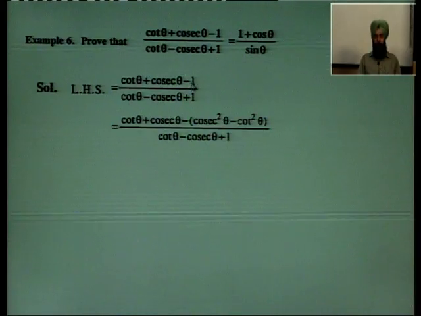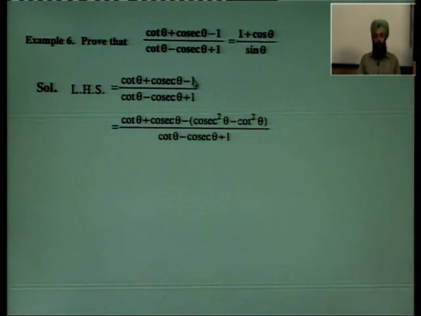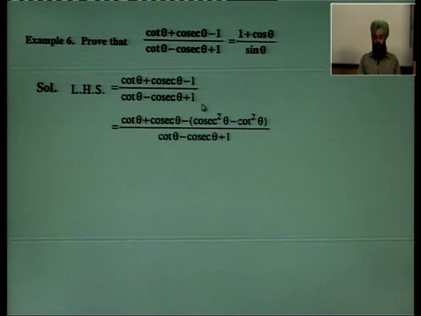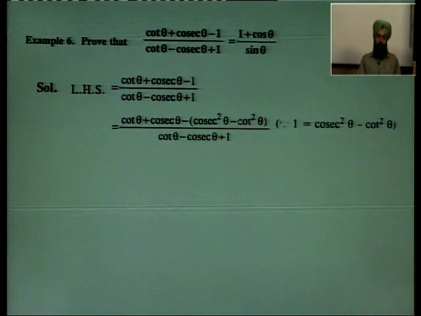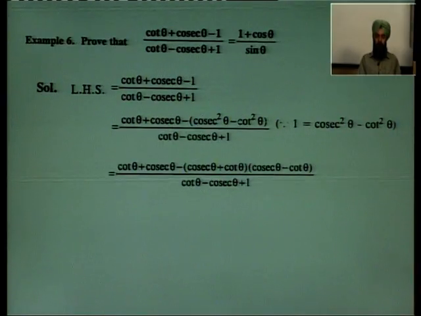We can put the 1 as a trigonometric identity because we know that cosecant square theta minus cot square theta is equal to 1. So, in the numerator we can put 1 equal to cosecant square theta minus cot square theta, and cosecant square theta minus cot square theta we can write using a square minus b square is equal to a plus b and a minus b.